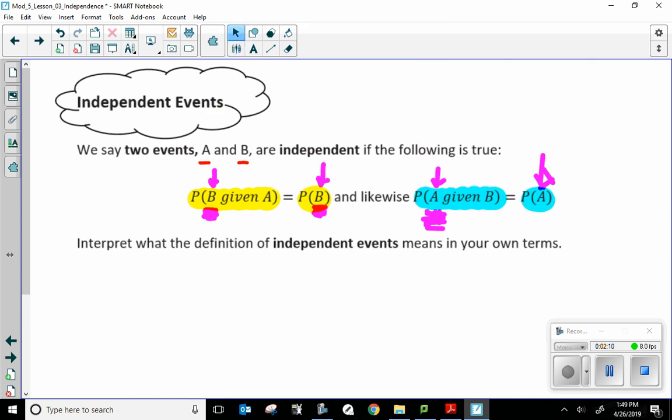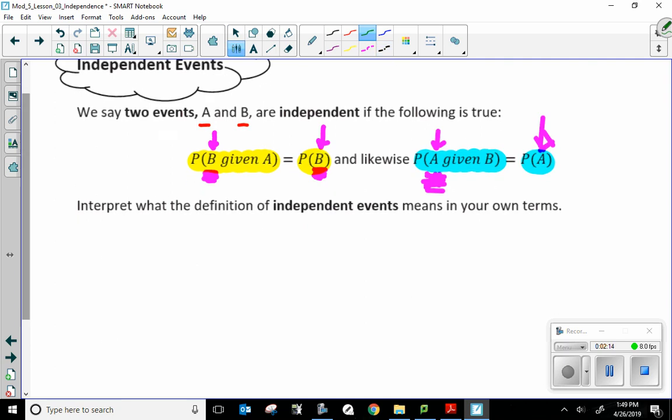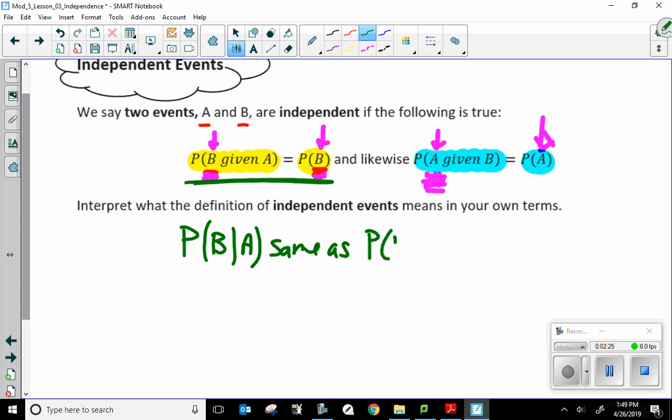So what does that mean? That means if the probability of B given A is the same as just the probability of B, then the probability of A really doesn't matter.